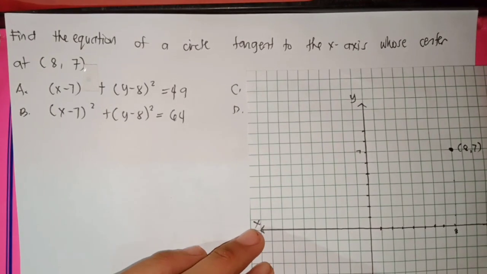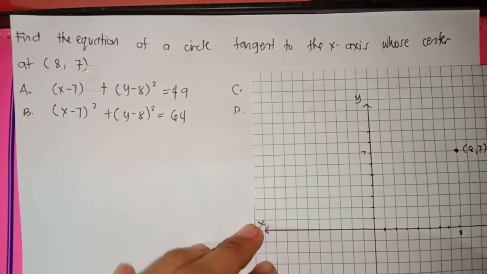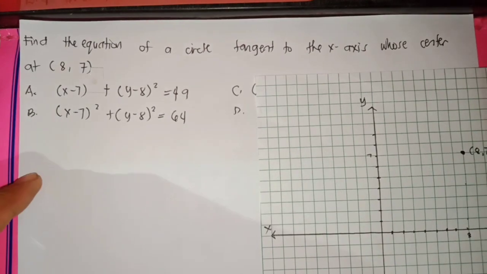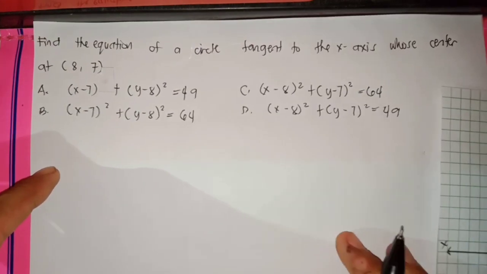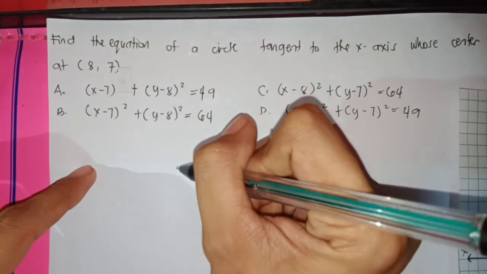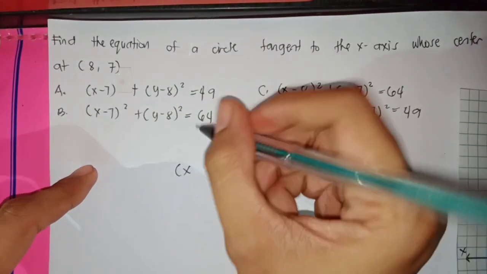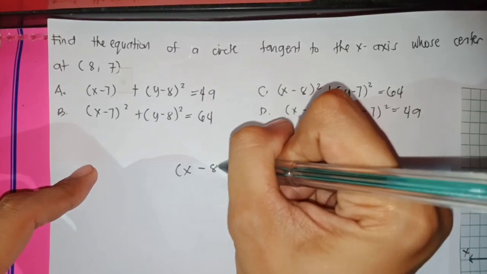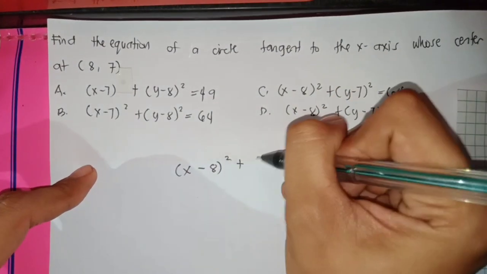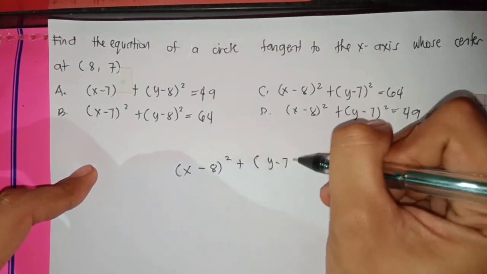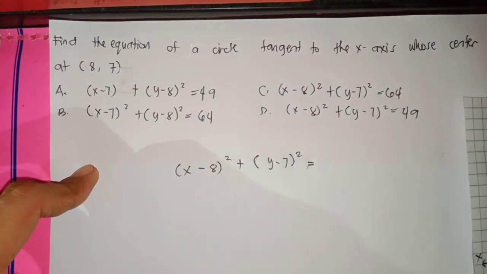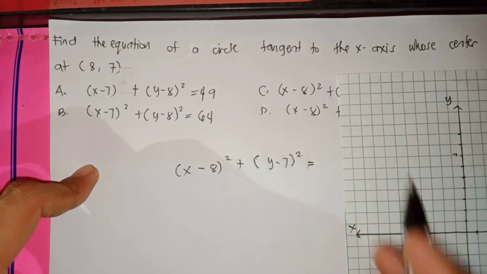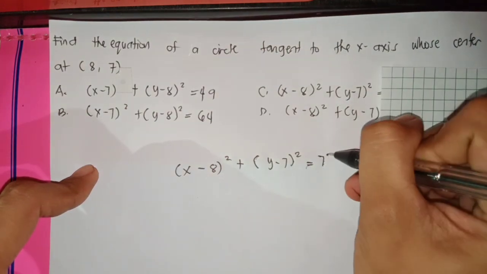So we can now have our equation of the circle, which will be x minus 8 squared plus y minus 7 squared equals the radius, 7 raised to 2.